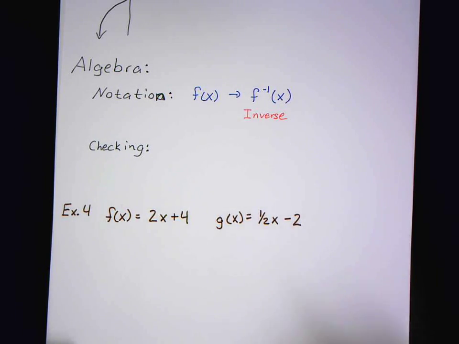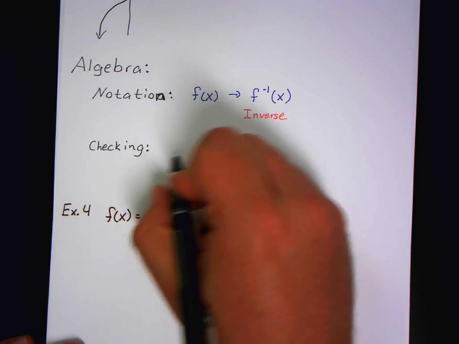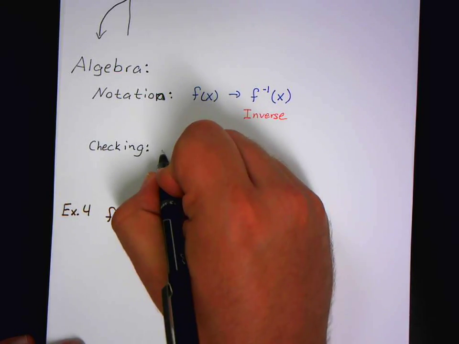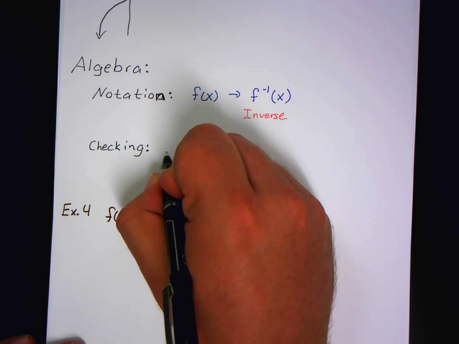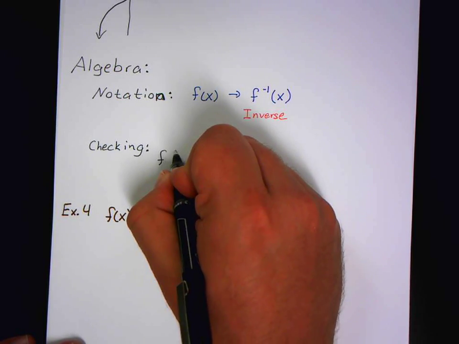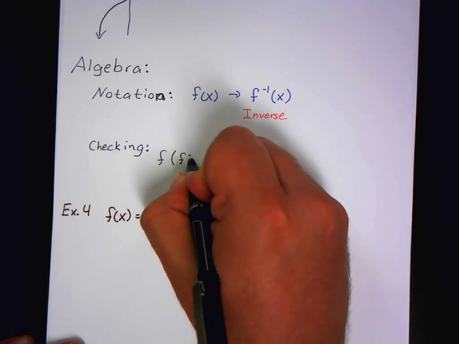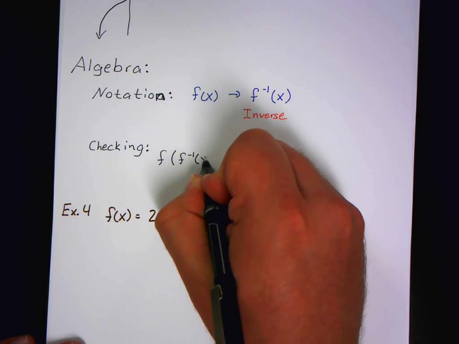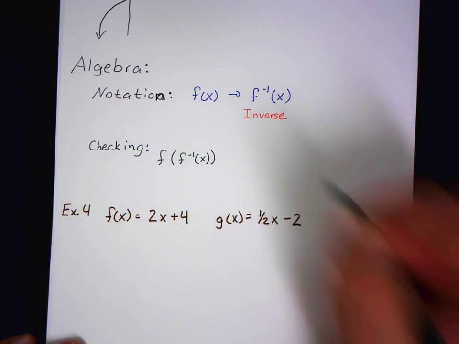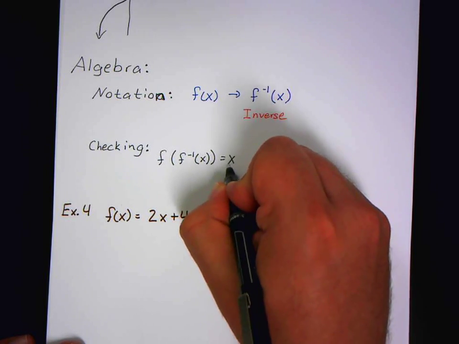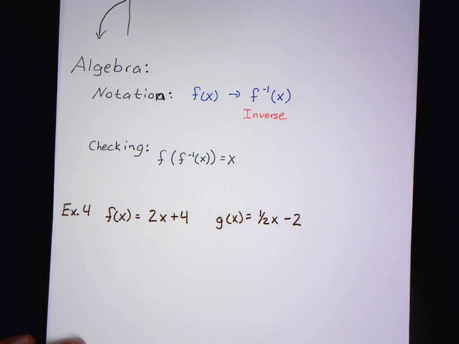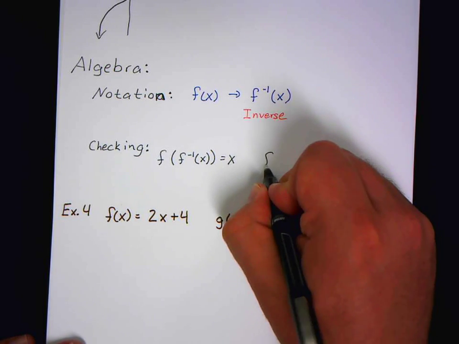So here's the rule for checking. If functions are inverses, then this is what happens. If I take a function and I compose it with its inverse, I get x as an answer. I should probably write that out the other way also.